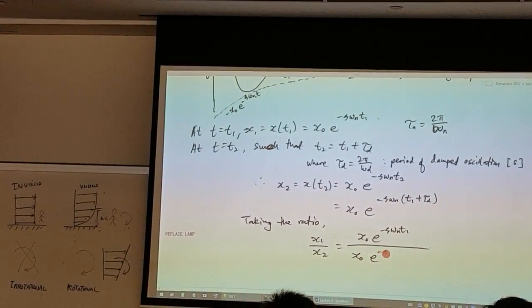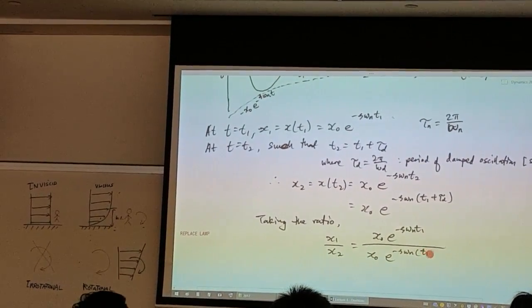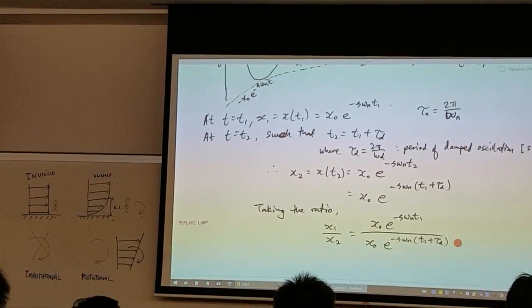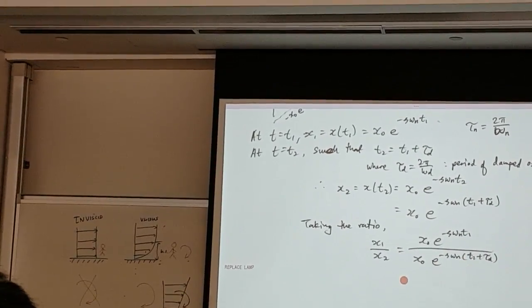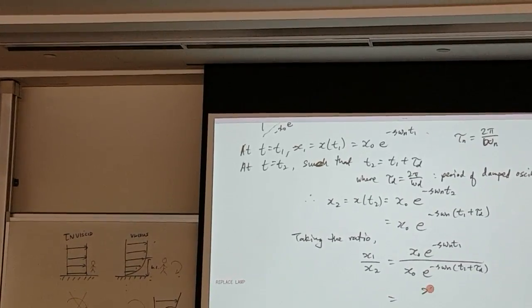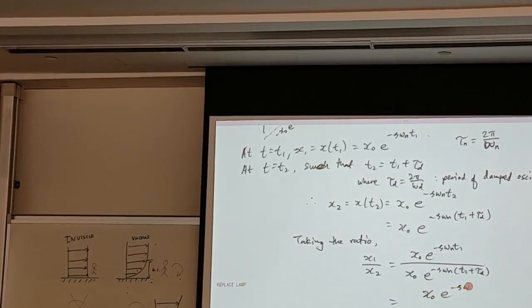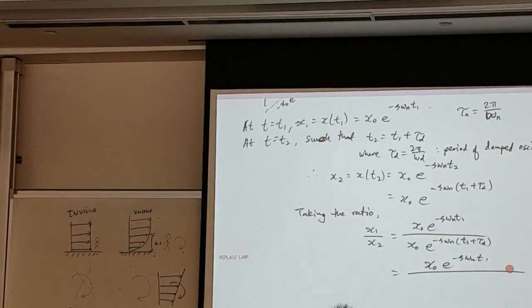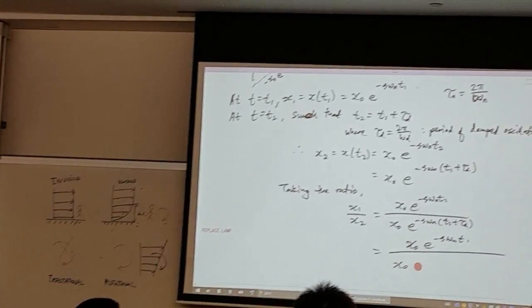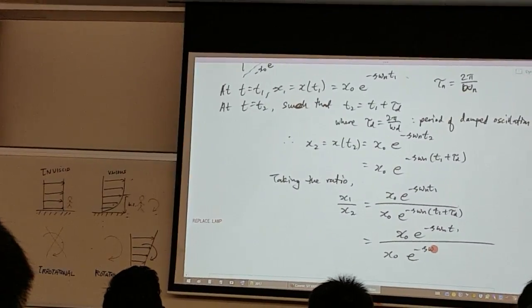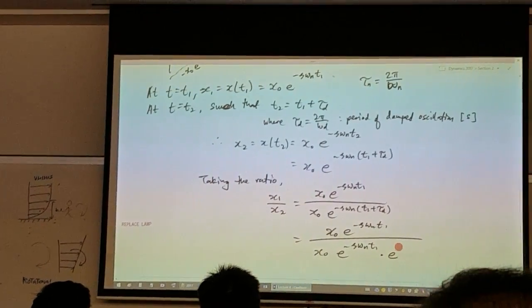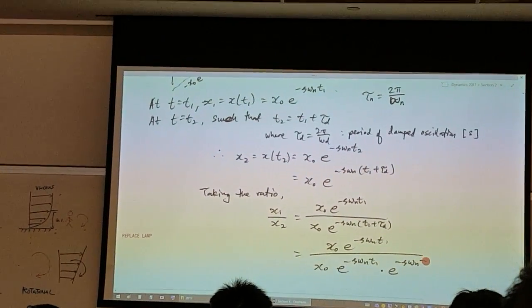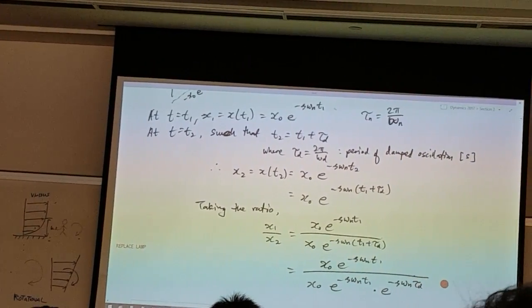x0 e to the power minus zeta omega n (t1 + tau d). This denominator can actually be simplified, so let me simplify that. x0 e to the power minus zeta omega n t1 multiplied by e to the power minus zeta omega n tau d.